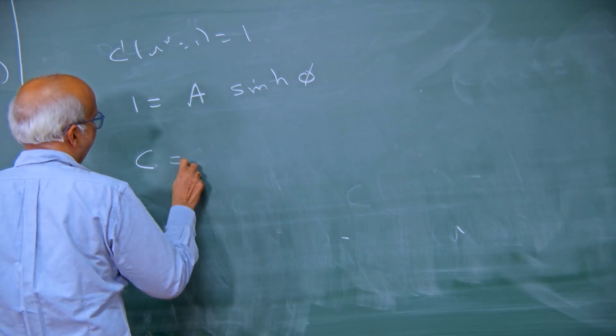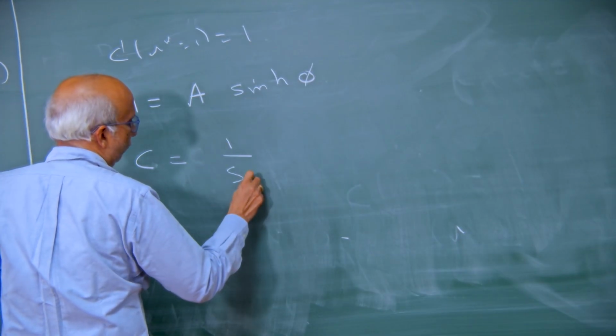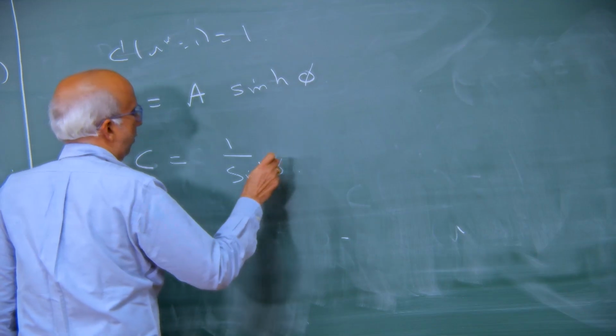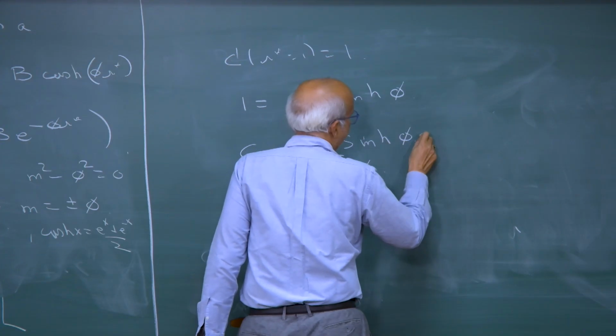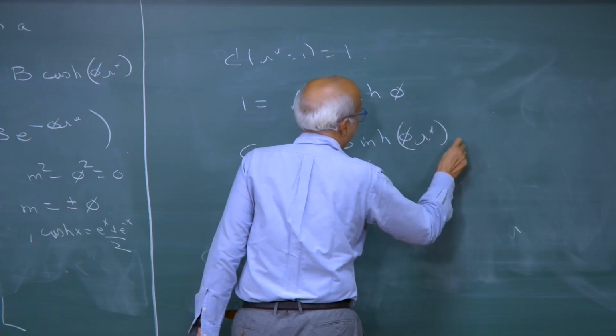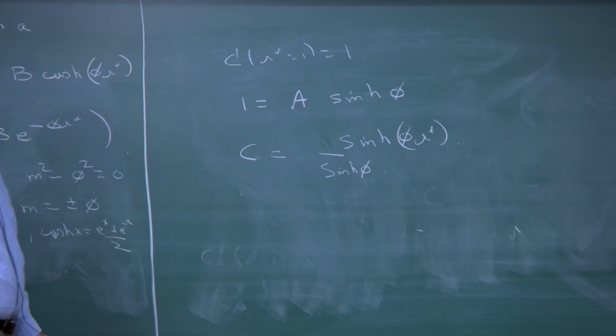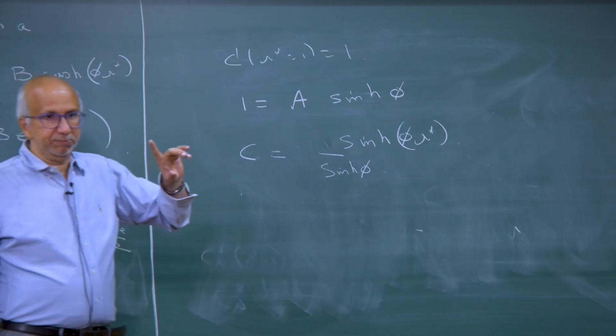Therefore, C is written as 1 by sin hyperbolic phi times sin hyperbolic phi r star. I found A, I am substituting A back here, B is 0. So this is C, which is my transform variable.